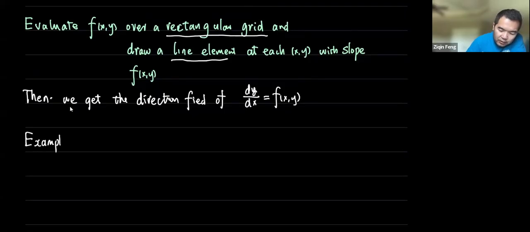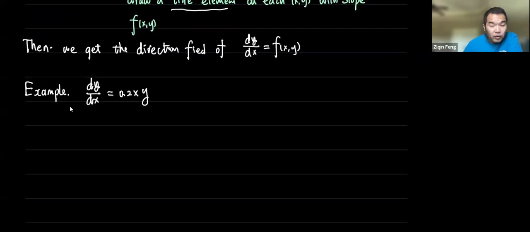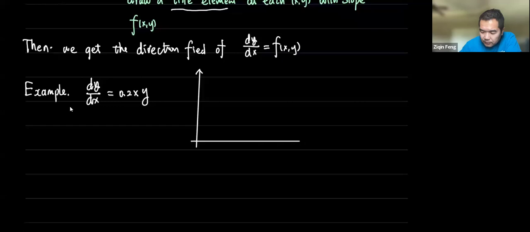Our example is given by dy over dx equals 0.2xy. Let's make an easy grid for our calculation. For sure, we can do that using a computer now, but let's try to understand the idea. So let's make our grid 0, 1, 2, 3 in both x and y, so you have 16 points.